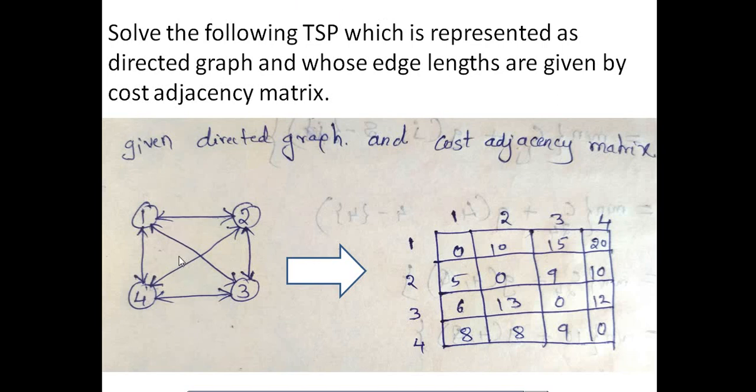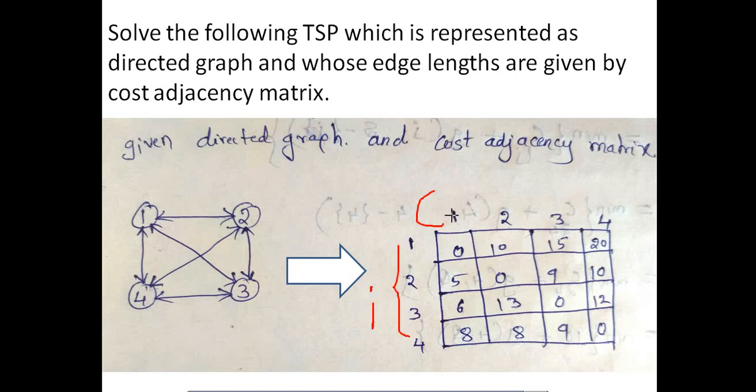Now the problem will be given like this: a directed graph or cost matrix graph, or they will give both. If they give the graph, you have to draw the adjacency matrix, the cost adjacency matrix.